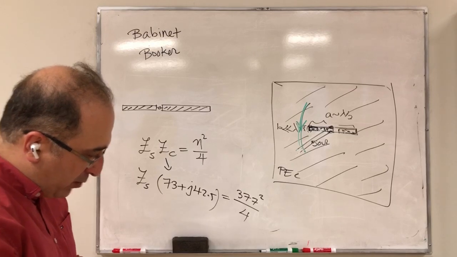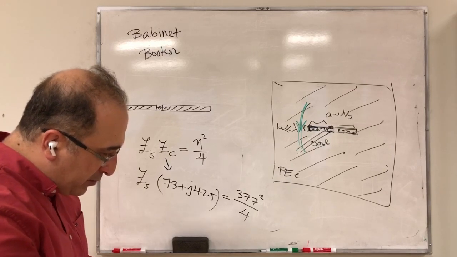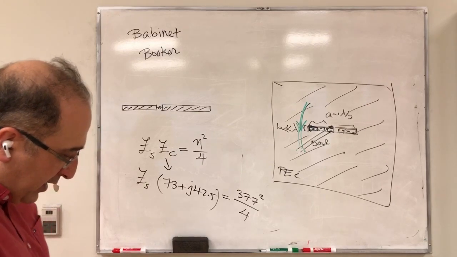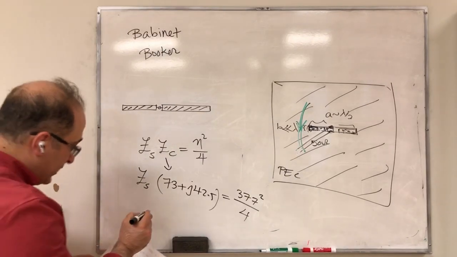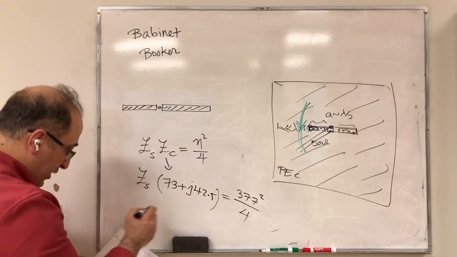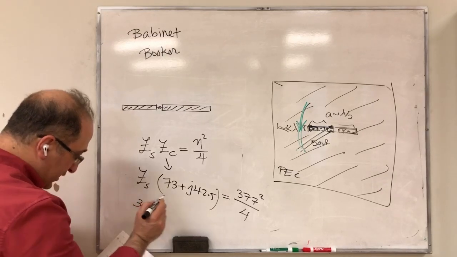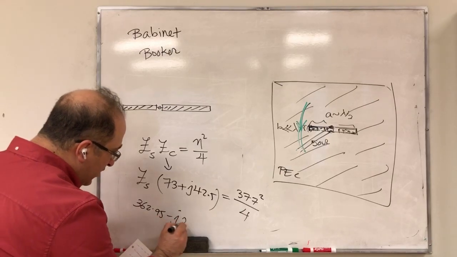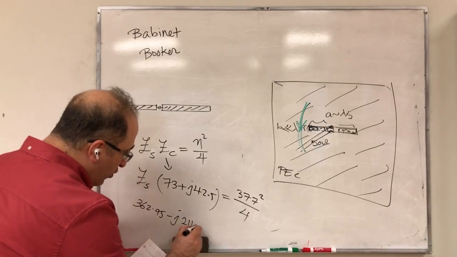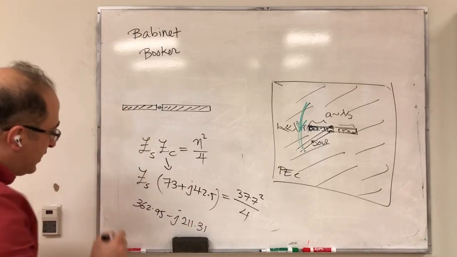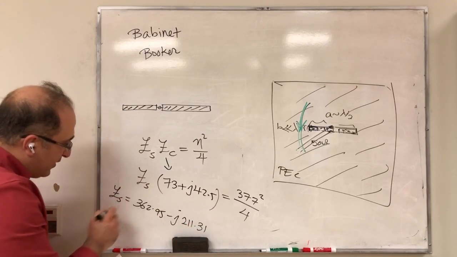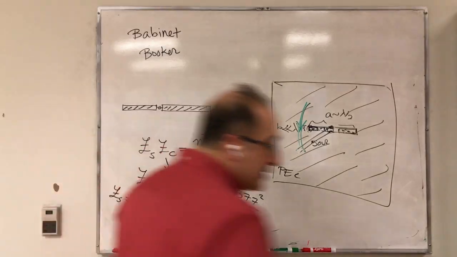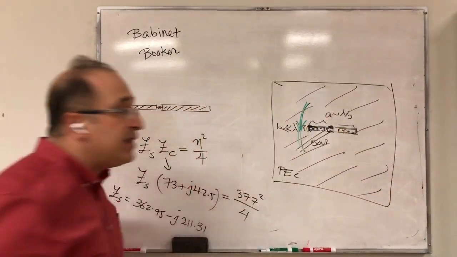That's an example from our textbook by Professor Balanis, with Wiley as the publisher. So here I'm going to get for Zs from this equation 362.95 minus j211.31. So that would be the input impedance of this slot antenna, assuming that you are feeding it at the center.